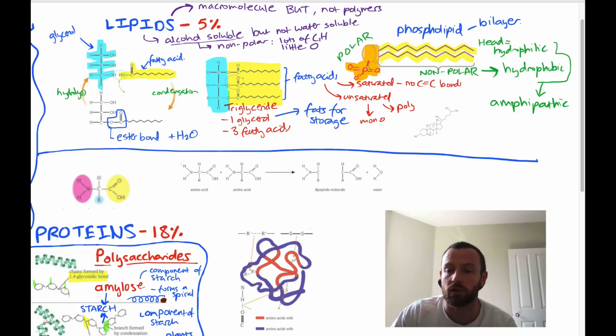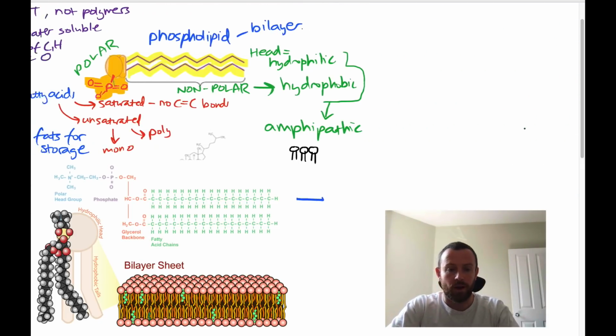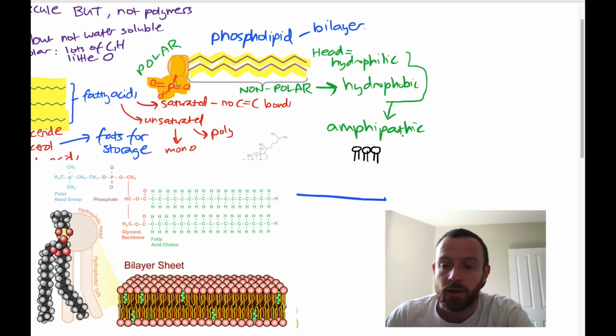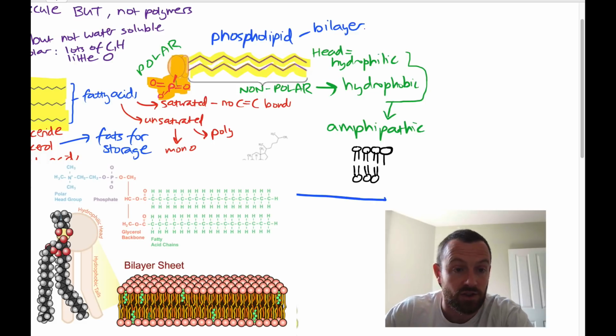So how does it solve the problem of wanting to be part in water and part not? Well, it lines up like this. We have a head, and then we have the tails, and we have the head, and we have the tails. Now, let's zoom in a bit more. I talked about saturated versus unsaturated. So far all these are saturated fatty acids I've drawn on these phospholipids. Now, unsaturated fatty acids, I'll change colour, look like this.